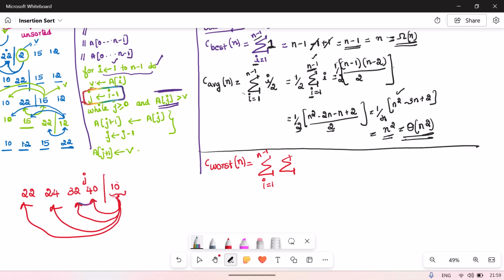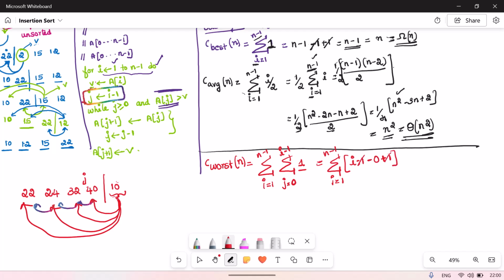Because I'll have to move the j to the next position like this, right? So j also will go from 0 to i minus 1. So it is summation of i equal to 1 to n minus 1. The idea is, again, check if the element j is present in this term. No. So it is upper limit minus lower limit plus 1.